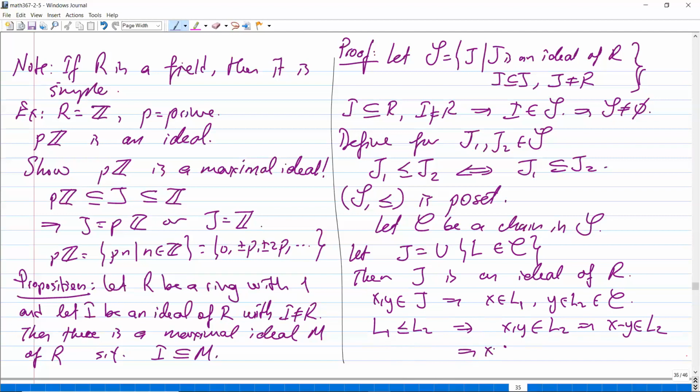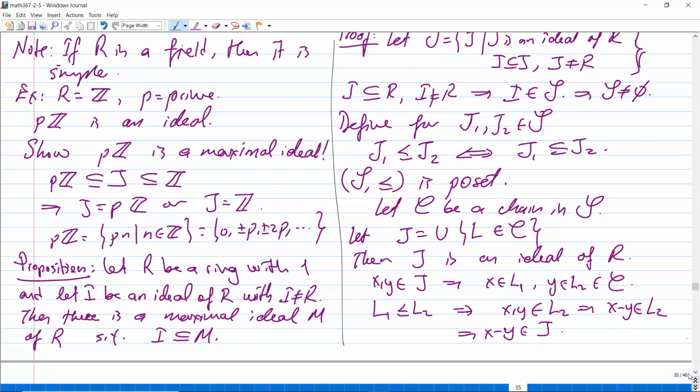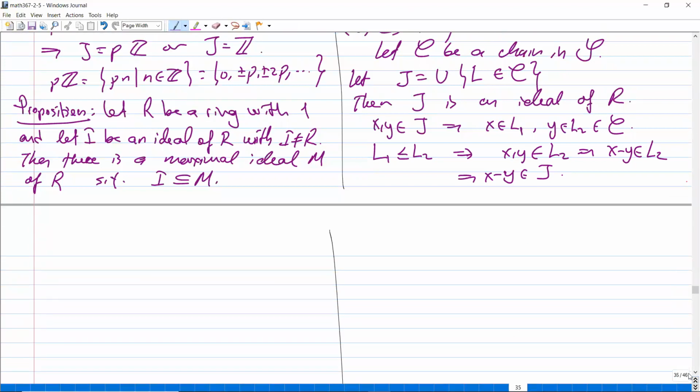Hence X minus Y is in the union of those L's, so it's in J. That's the first condition satisfied, showing that J is an ideal.